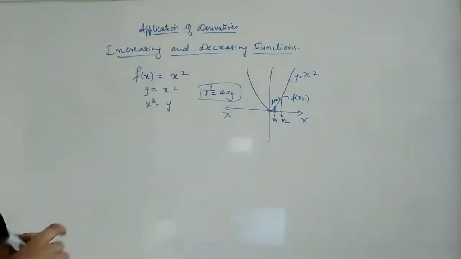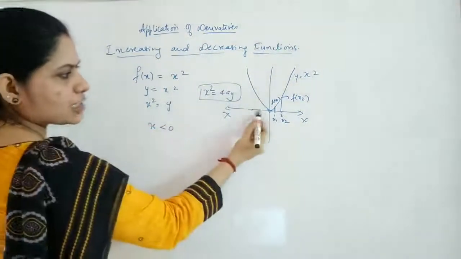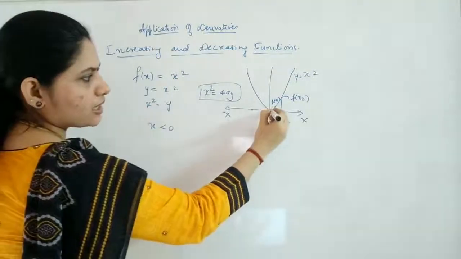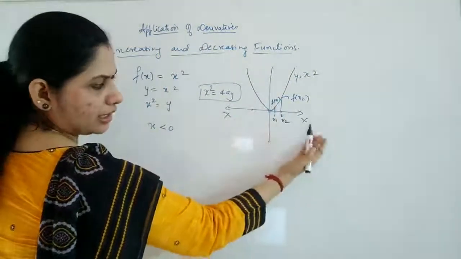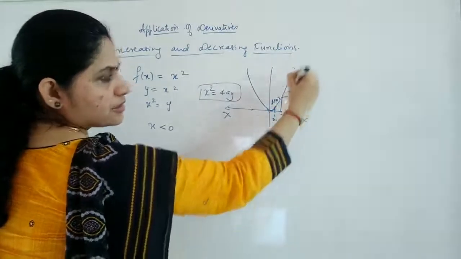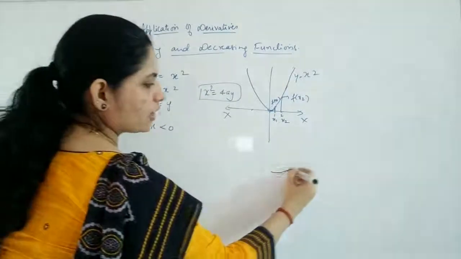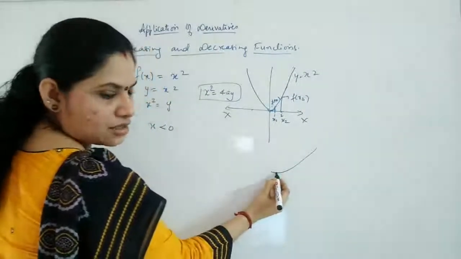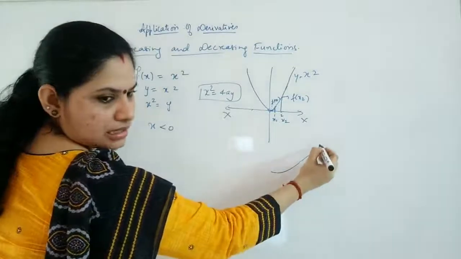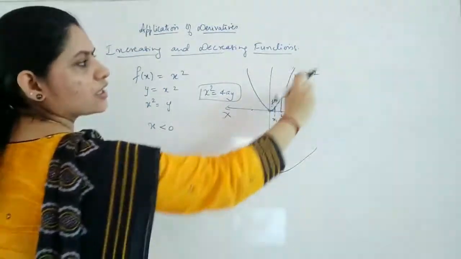For the same function, I am just taking x is less than 0. That means this part. For the right hand side, when I draw the figure, it is going upwards, means it is increasing. As your x is increasing, your function is also increasing its value.